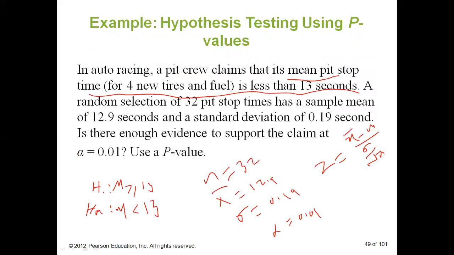So x bar is 12.9, mu is 13, sigma is 0.9 and root n is root 32.